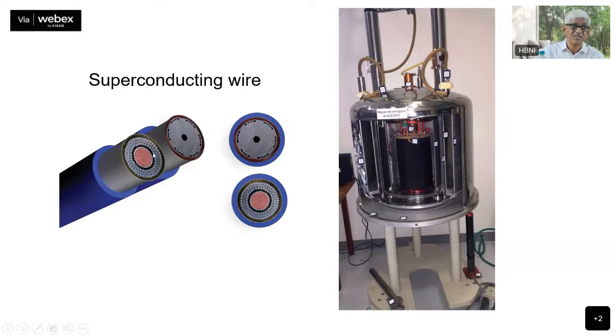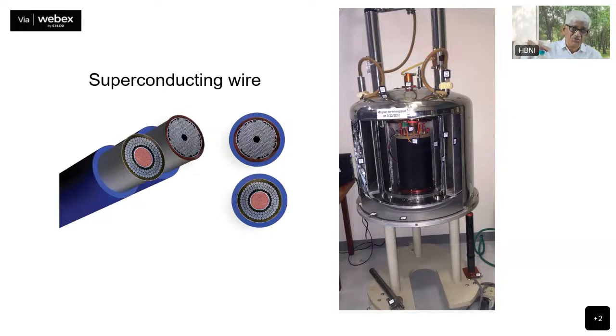What is done, therefore, is, look at this cross section here. This is a copper wire of, let us say, 1 millimeter or 2 millimeters, probably 1 millimeter. Now you draw 64 holes through this diameter, and they run through the wire, and you insert the superconducting wire into this.